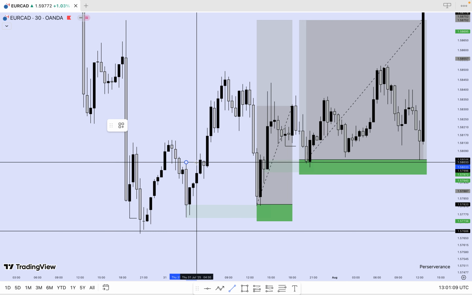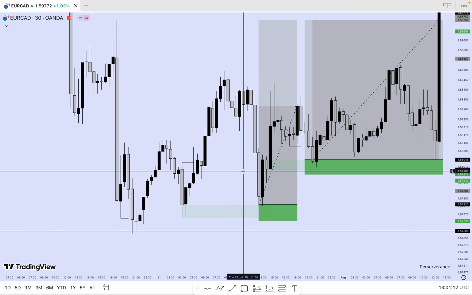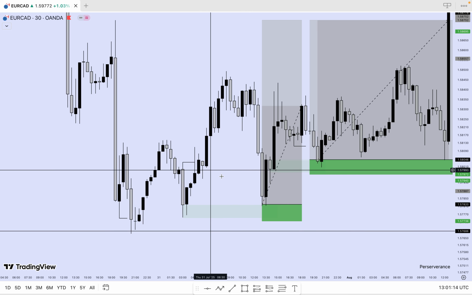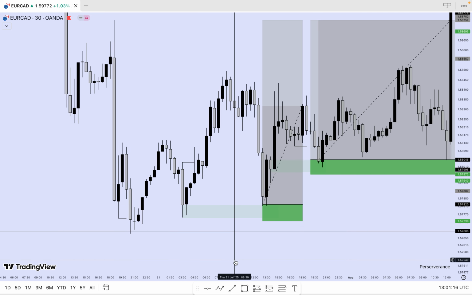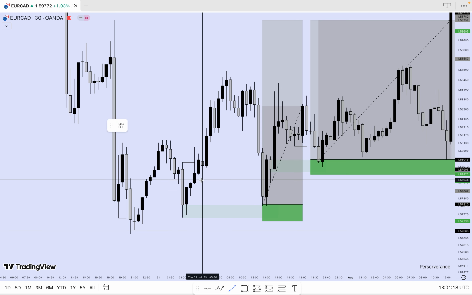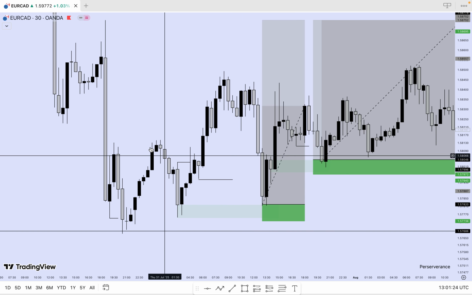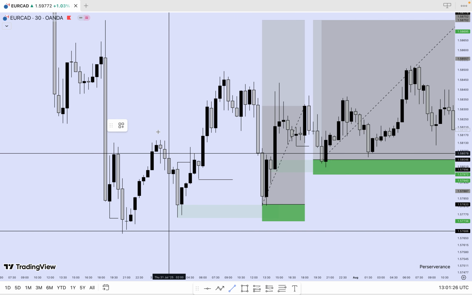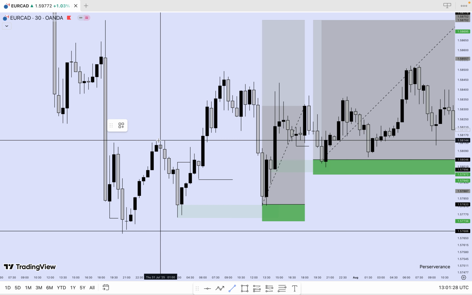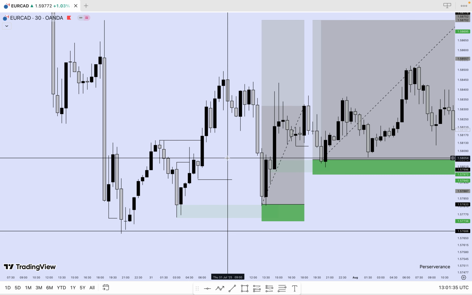So price passing this high, you have a market structure shift, right? Now, after that market structure shift, the first pullback is your inducement. Then we need to create another break of structure, which means price passing this resistance level is a break of structure.